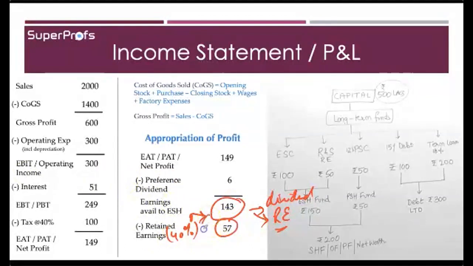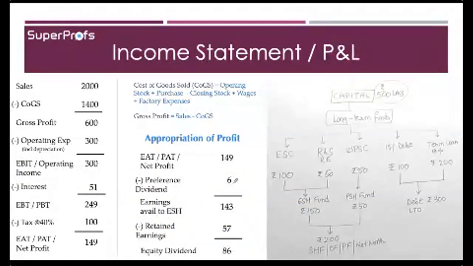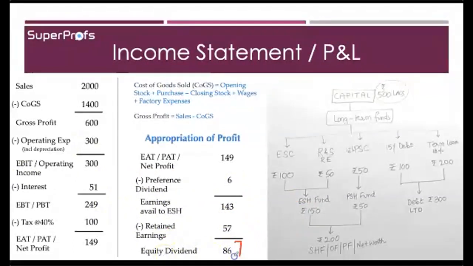Once you subtract the retained earnings from the earnings available to equity shareholders, that is when you will get your equity dividend. In this case, equity dividend is 86 lakh rupees.